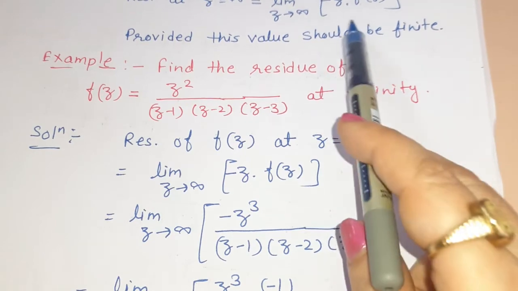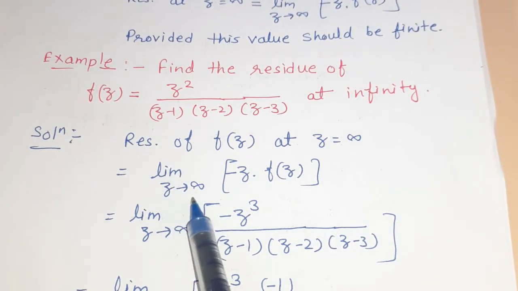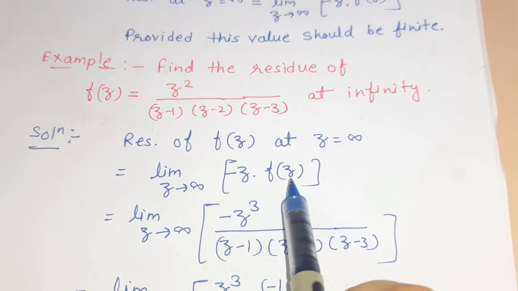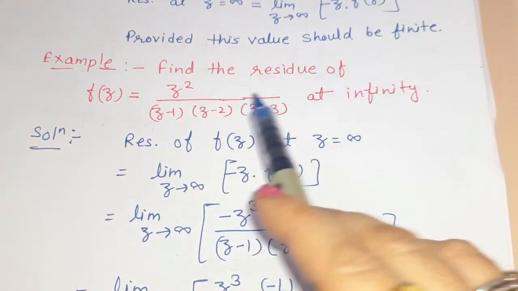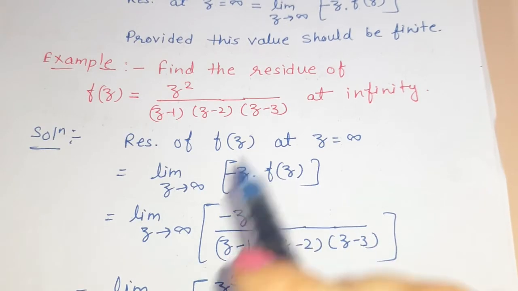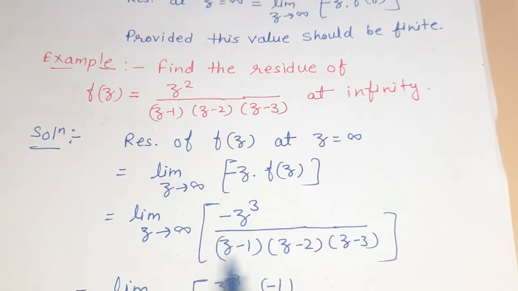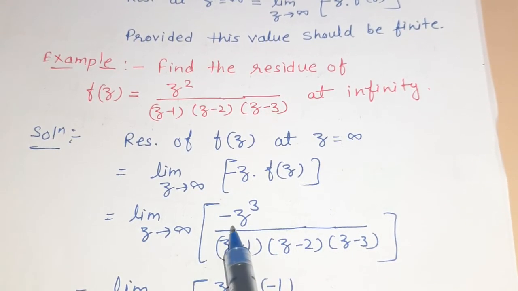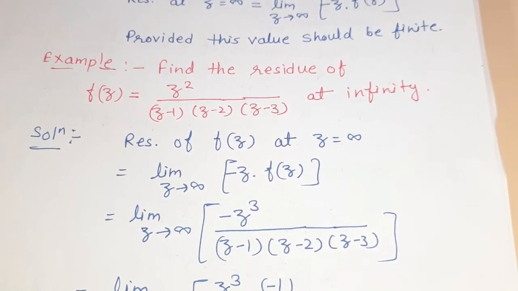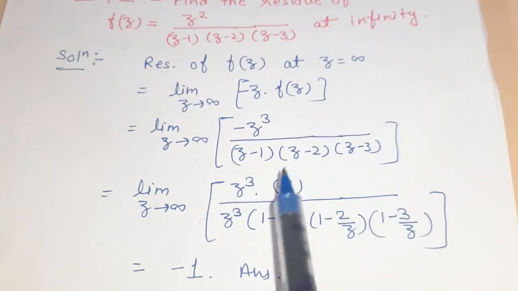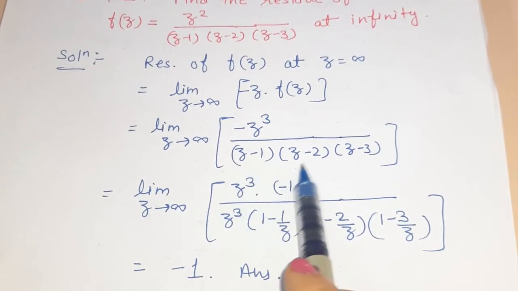So the solution: residue of f(z) at z equal to infinity. We simply apply this formula, limit z tends to infinity of minus z into f(z). After multiplying the given function with minus z, we get limit z tends to infinity of minus z cube divided by (z minus 1)(z minus 2)(z minus 3). Now we take z common from each term here.